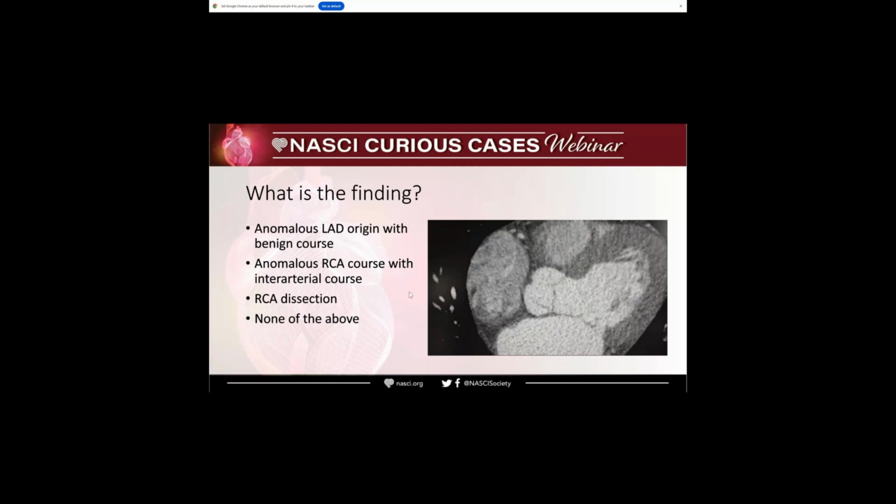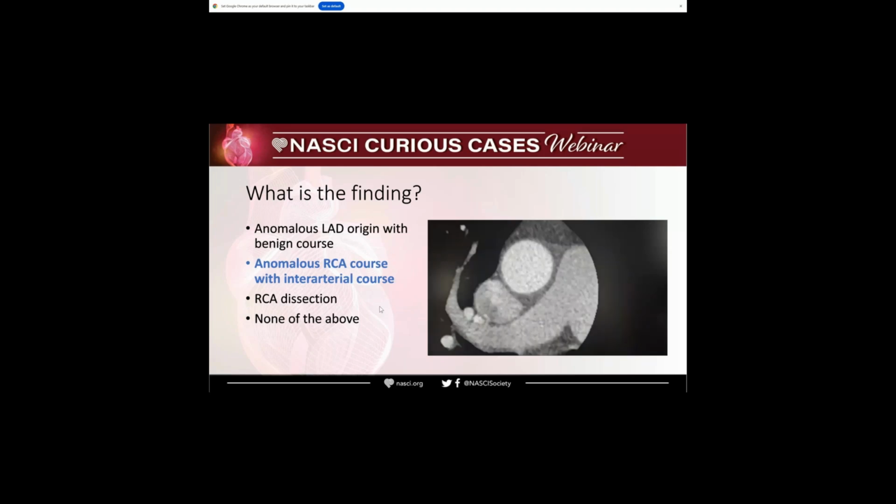Does anybody have any idea? I think it's an anomalous RCA with interarterial course. Excellent, that's right. So we have an anomalous RCA with an interarterial course.